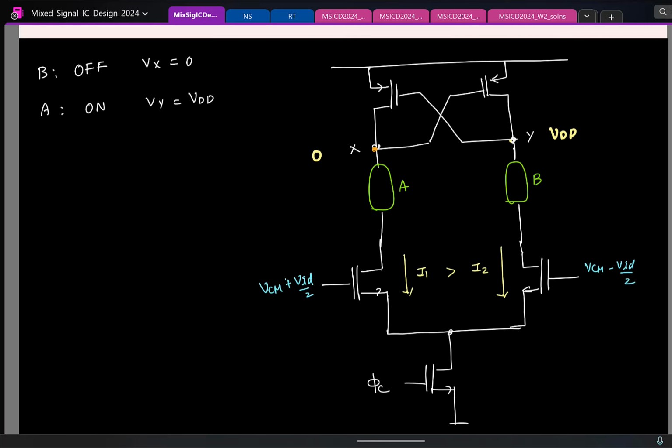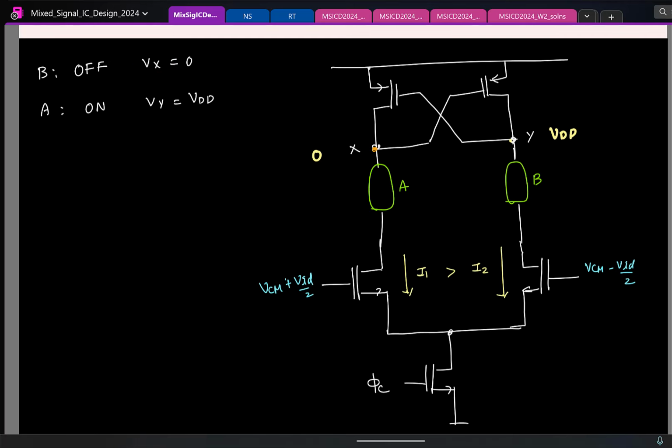So now look at this and tell me, I want something to be off when some voltage is 0, and on when some voltage is 1. What should I use? It's kind of an NMOS, with the gate connected to the appropriate voltage. So I'll try to replace B first. The gate voltage of B should be connected to what? Vx.